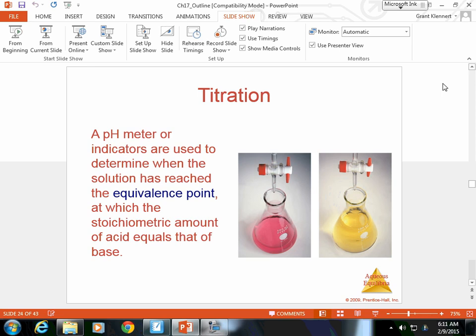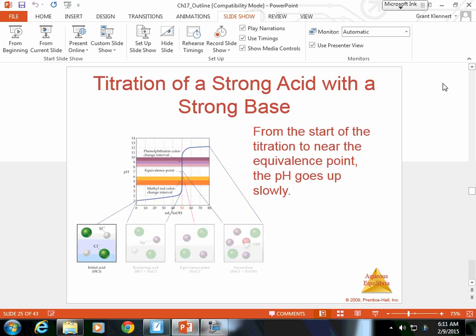When you use your pH meter, it's pretty simple because you're going to be able to figure out the exact pH. If you use an indicator, typically you're going to have a color change. Remember last year when you did titrations, your indicator of choice was phenolphthalein, which went from clear to pink. Additionally, sometimes we use bromothymol blue, which went from yellow to blue, and it was green in the middle.